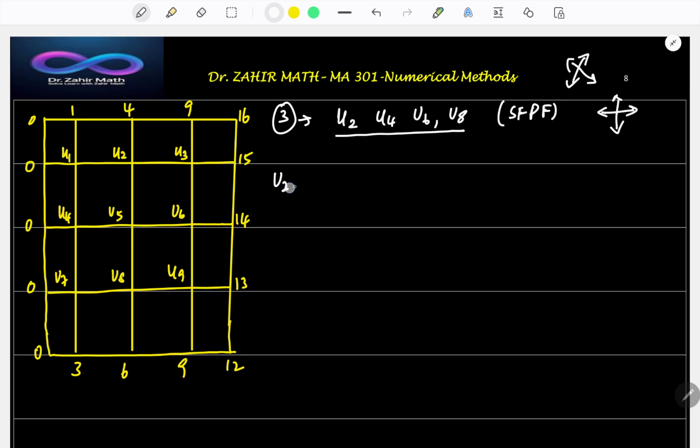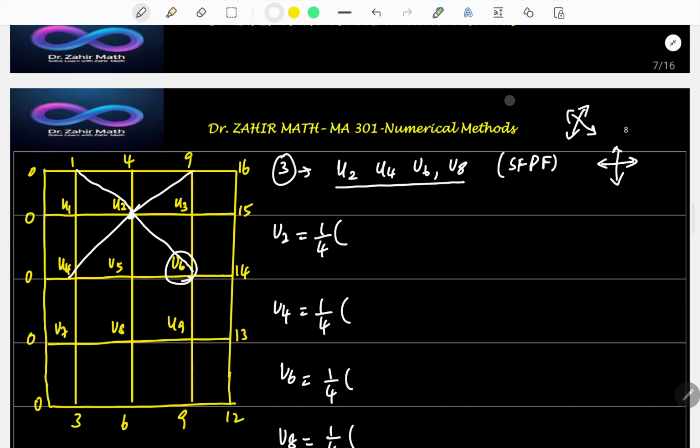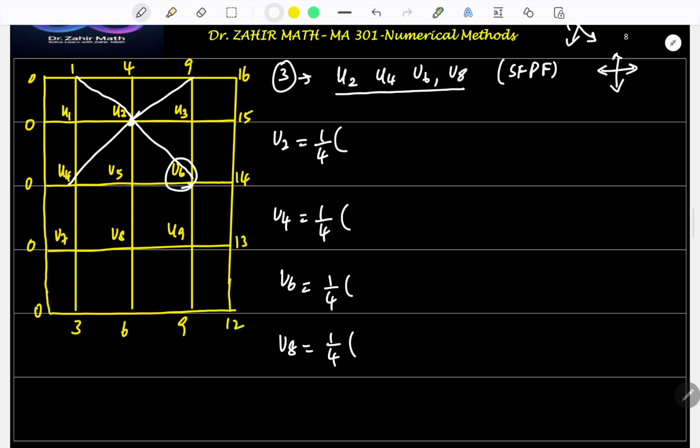So we are going to calculate u2, and u4 and then u6 and then u8, which is 1 by 4, 1 by 4, 1 by 4 and 1 by 4. So for this u2 you're going to take this 1 plus u6 plus 9 plus u4. The immediate u6 value you have to take. So 1 by 4, it is standard 5-point formula, not diagonal, sorry.